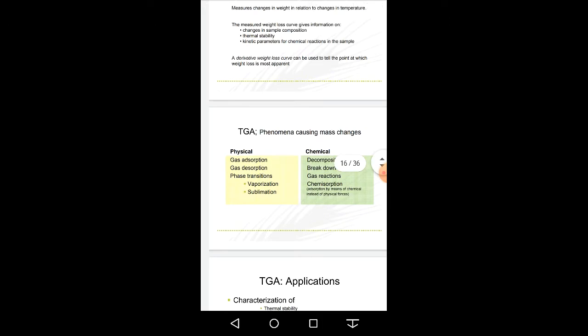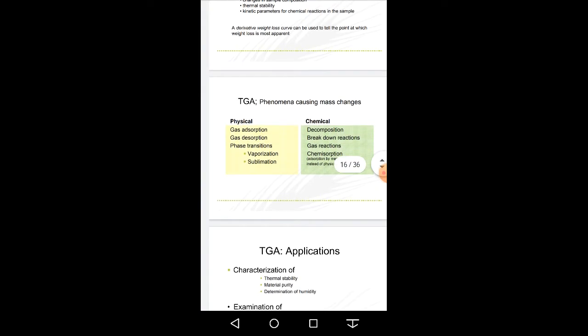Okay, TGA phenomena causing mass changes. What are the phenomena occurring in the material when we apply the temperature? What phenomena cause the loss in weight? One is physical phenomena, the other is chemical phenomena. In physical phenomena, gas absorption, gas desorption, and phase transitions like vaporization and sublimation are responsible for loss in mass.